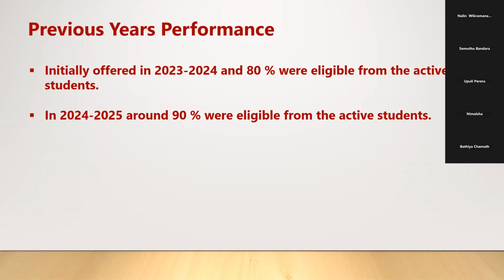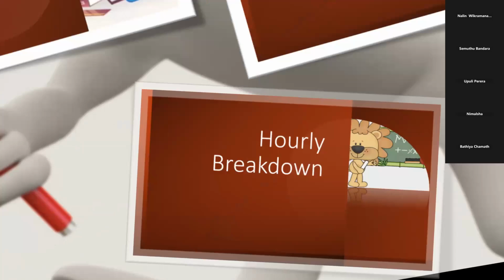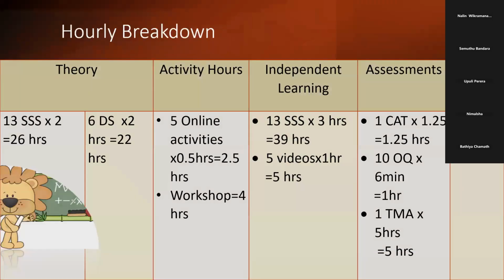So with that, this is how the time is allocated for the activity. So it is around 95.75 hours, so closer to 100.